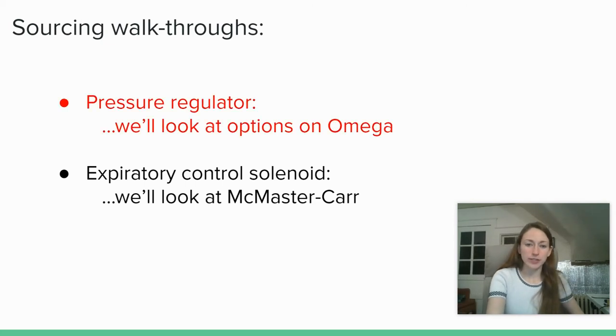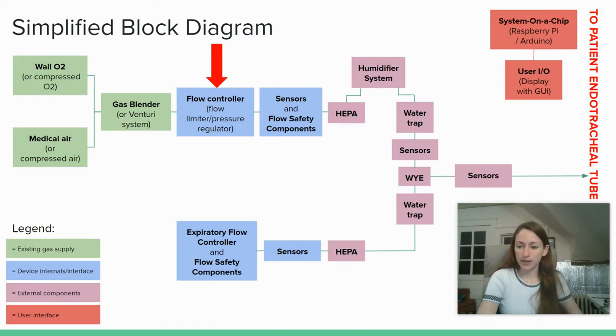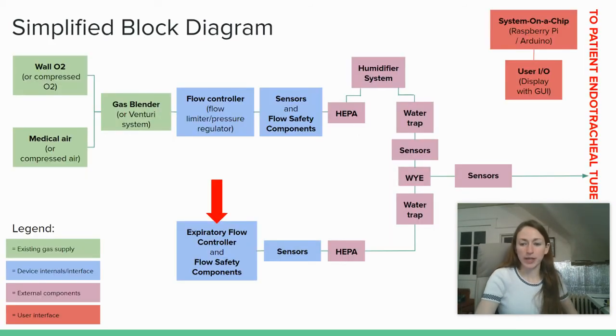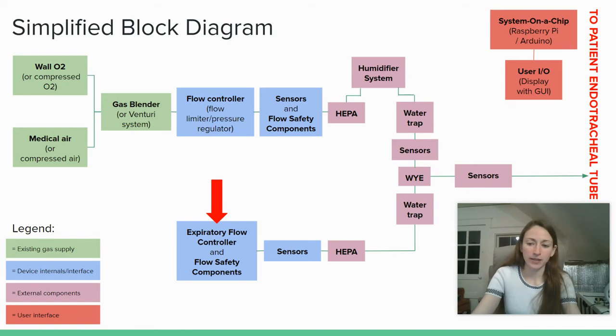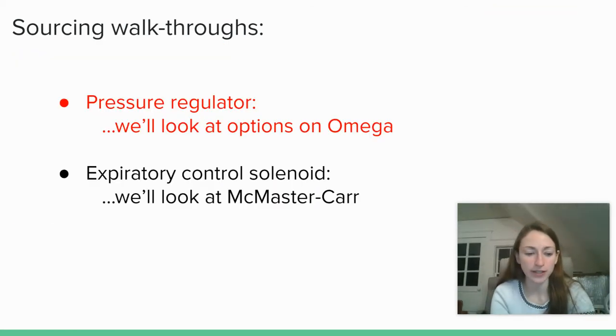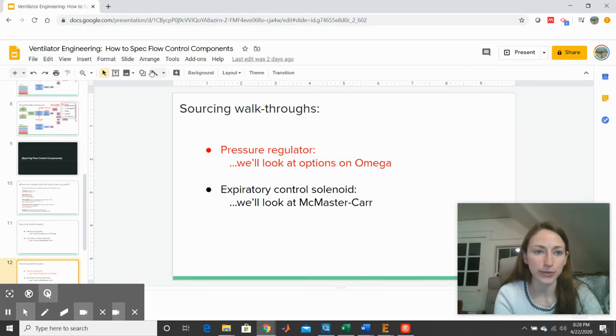In the first case, we're going to be looking for a pressure regulator, and we'll look at Omega for some of these components to see what it looks like when we actually go out and source stuff. Then secondly, we'll look for an expiratory control solenoid, and for that, we'll be operating, of course, on the expiratory end of our circuit, and there we'll look at McMaster-Carr. So just to begin with the pressure regulator, let's do a walkthrough on their website.